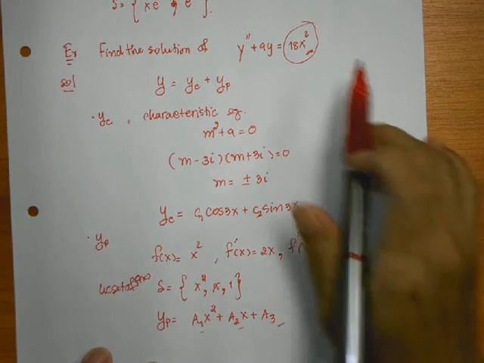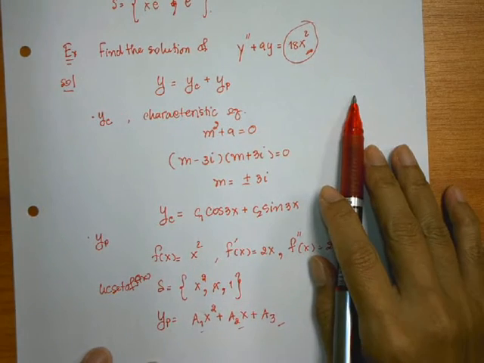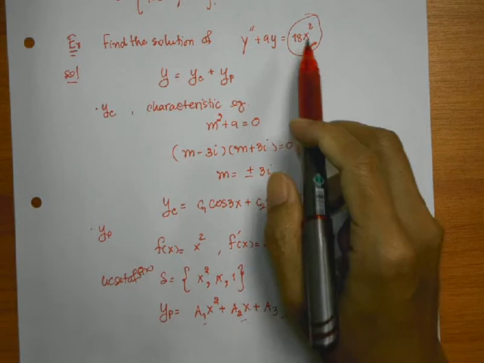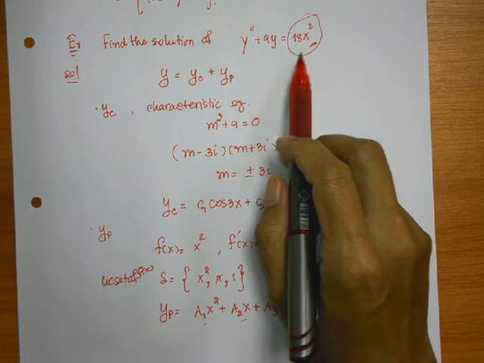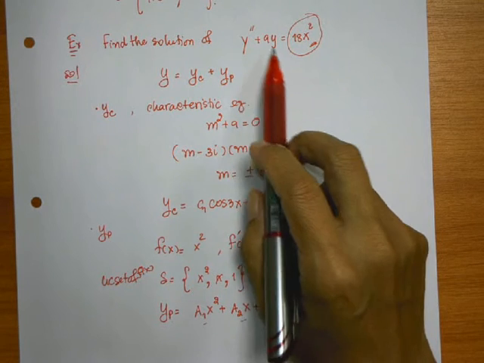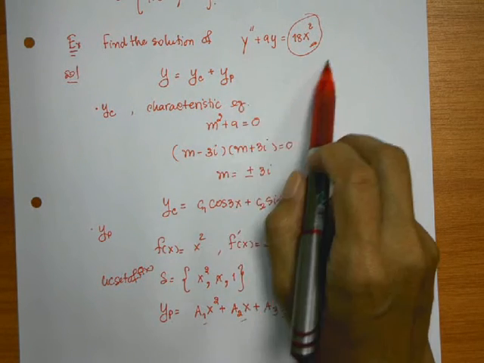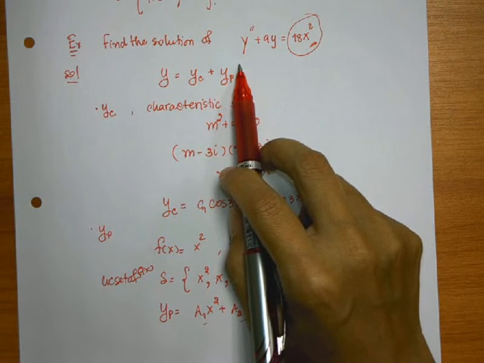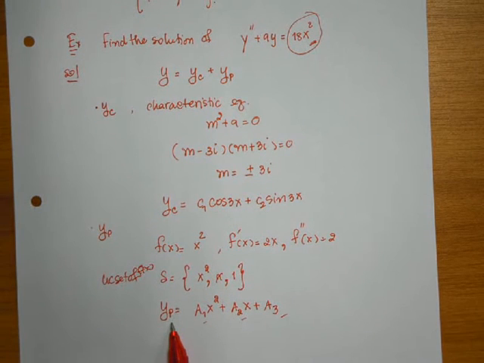It should make this statement true. So the next step is to put our yp back into our differential equation. But now when you look at this differential equation, you see the second derivative of y, but this one is just yp. So you've got to take the derivative of this yp two times, to find the second derivative of yp.